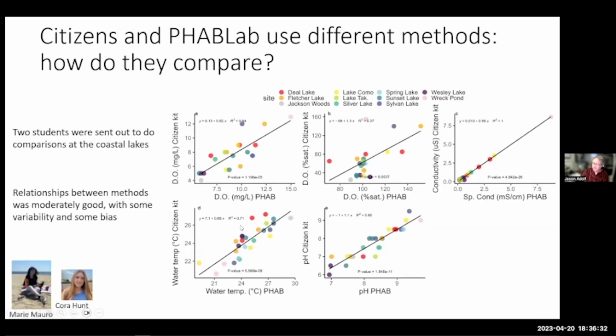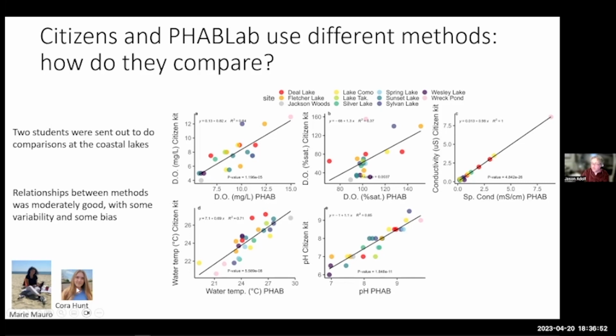Now, the last thing I'll say about data is that we're cognizant of the fact that my lab and the citizens are using different techniques to measure the same thing. So we do a lot of work, and this is just one example, an experiment where 2 students, Marie Morrow and Cora Hunt, worked.